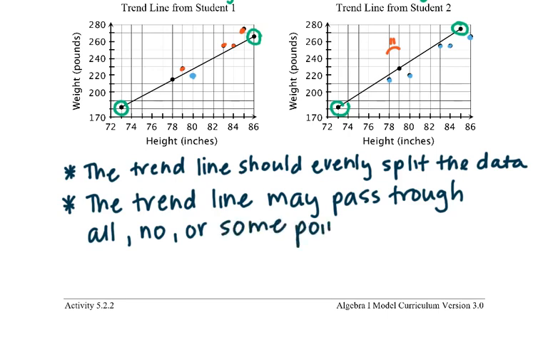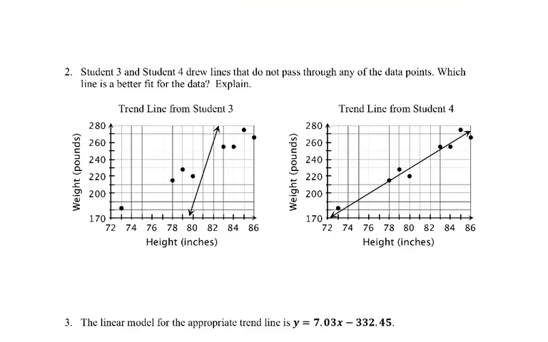Again, the misconception a lot of my students have is that it has to go through any at all, and it really doesn't. If our points were just spaced all out here and the best trend was just to go in between them, then that's what we would do. Or if it happens to hit some along the way, so be it. But you do not have to like start and end on 2 of your data points. That's not a rule.